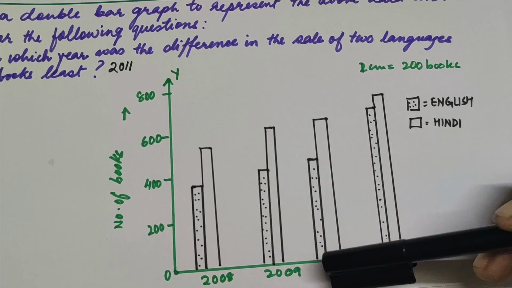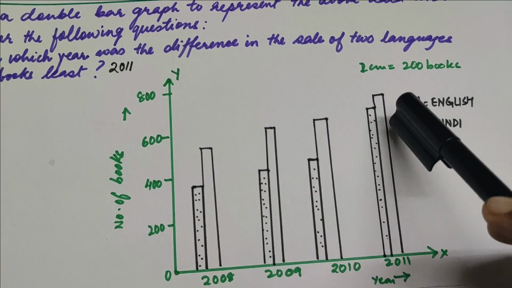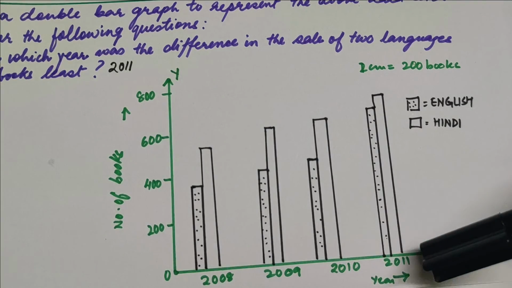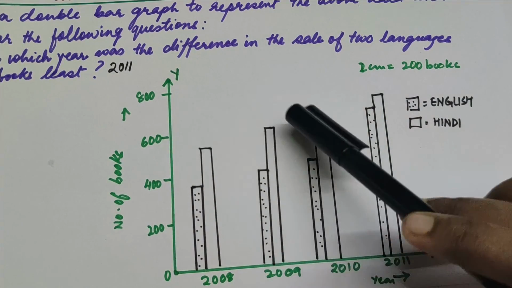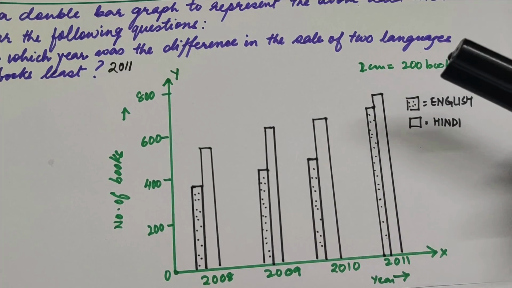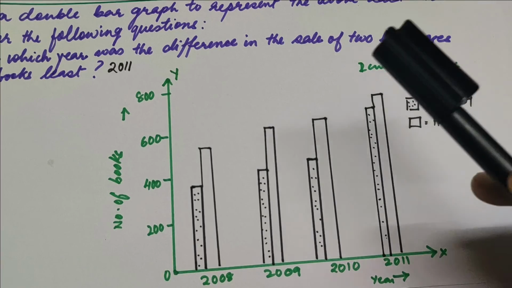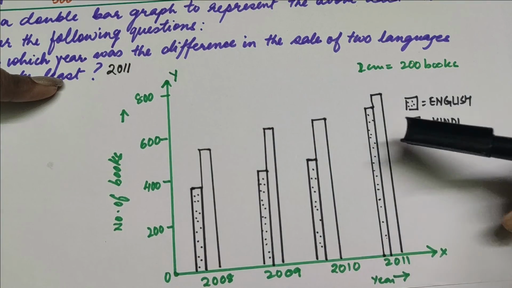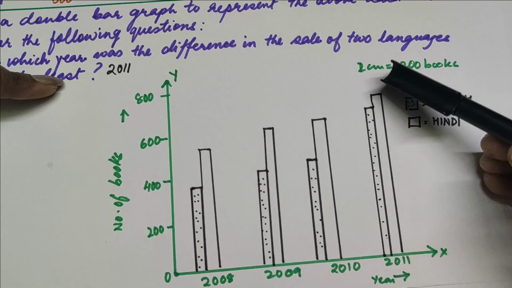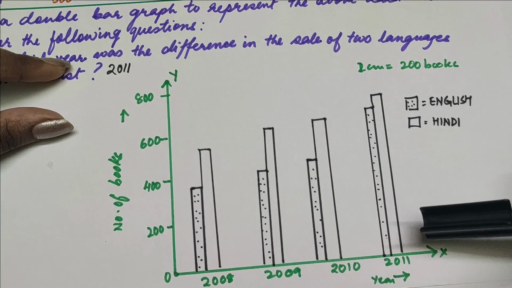Here the dotted bar is for the English book, and as you can see it has risen over the period of 2008 to 2011, but Hindi is more or less constant and has not shown a major rise. Also it is asking what is the difference of the sale when it is least. So you can see that the difference in sale of Hindi and English books is very less in 2011.